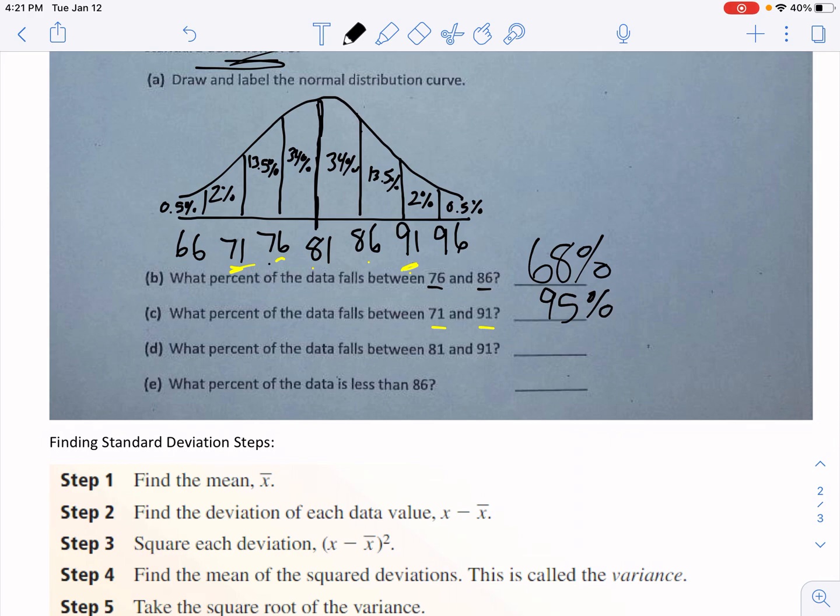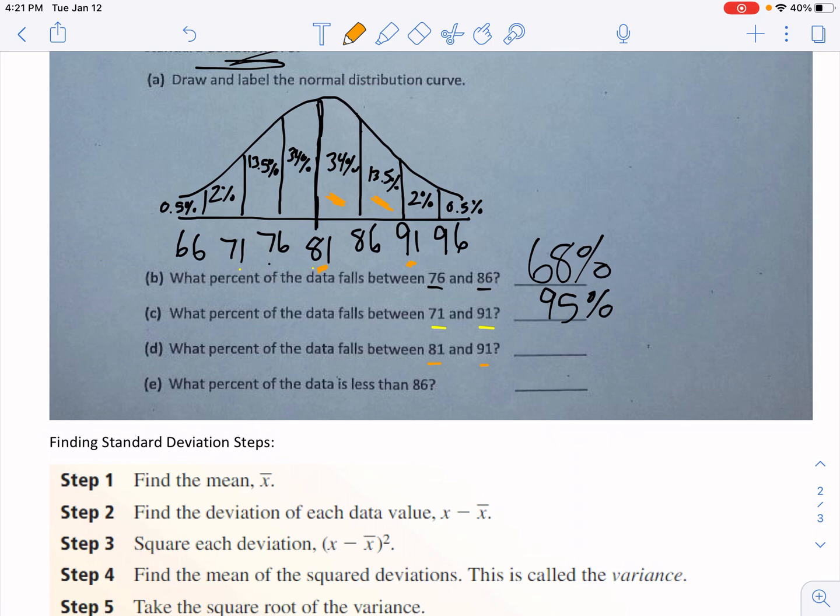Okay. The next question says, what percent of the data falls between 81 and 91? Okay. 81 and 91. Well, 81 is our mean, and 91 is 2 standard deviations away in the positive direction, okay? So that includes this 34% and this 13.5%.